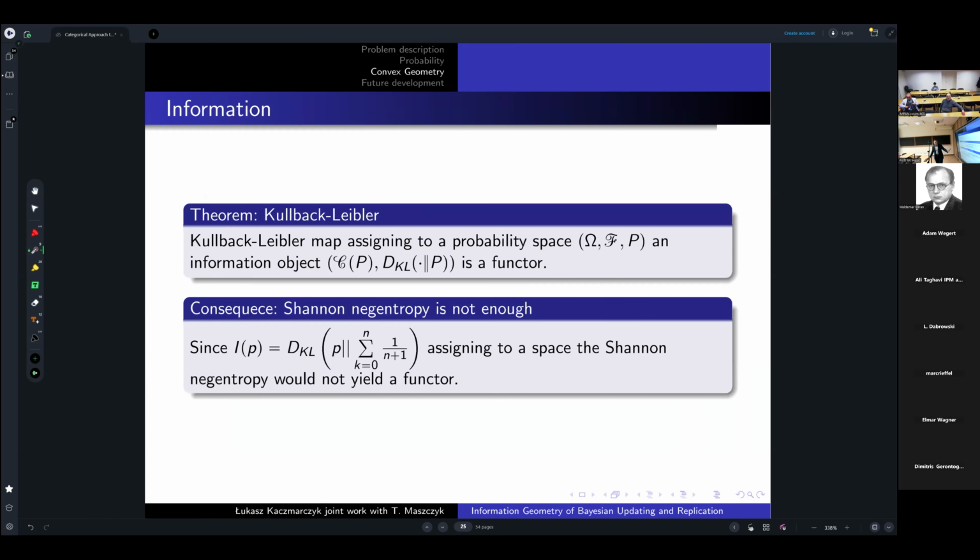But could you elaborate on morphisms? Yeah, just recall what the morphisms are in these two categories.